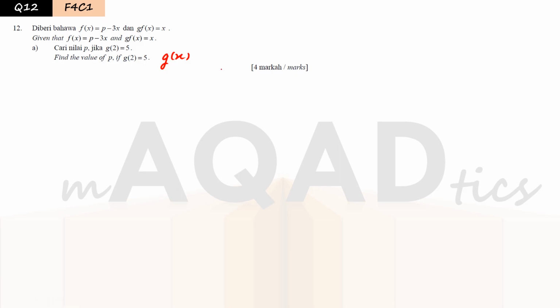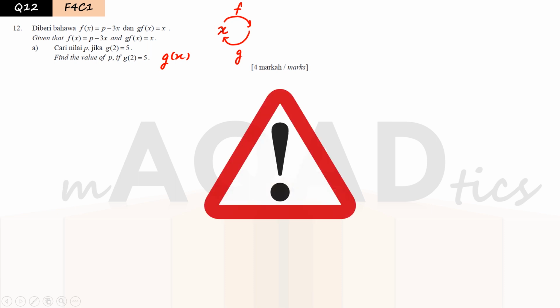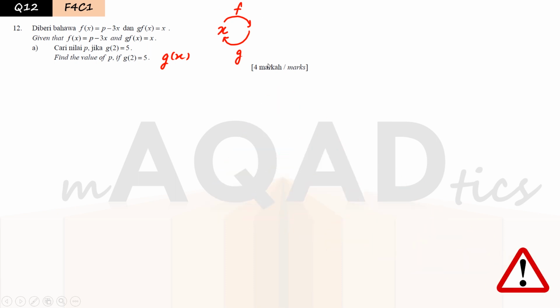If I draw this out in a diagram, x is put into f and then into g, and you get back the same value. This is similar to what we have learned in functions: if x is put into f, and then into f inverse, the inverse of f, we get back the same value.